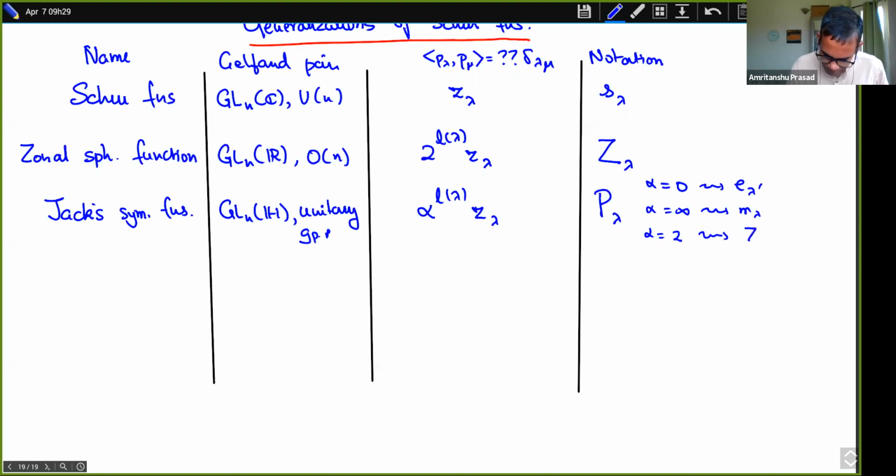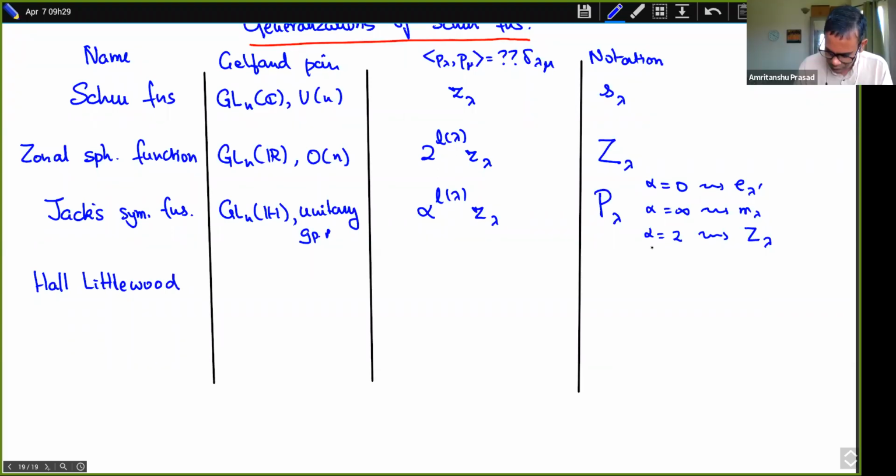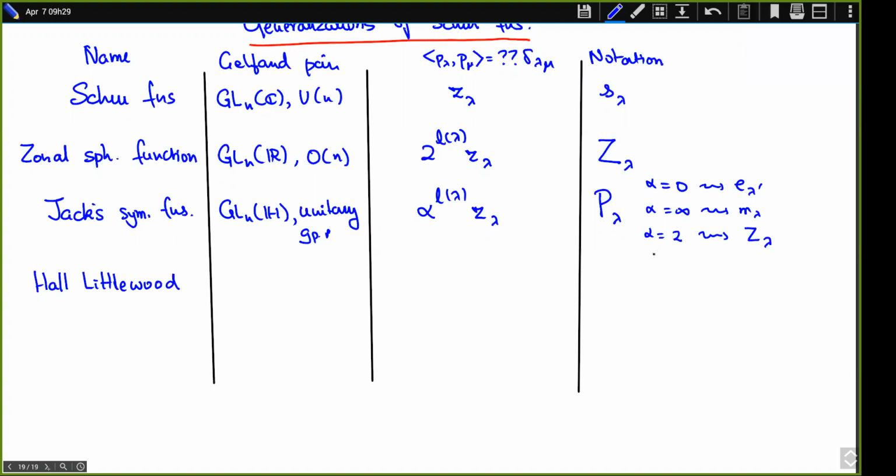Then you get the Z lambda, so it specializes to these zonal symmetric functions. Also, alpha equal to 1: it is Schur functions, I guess.